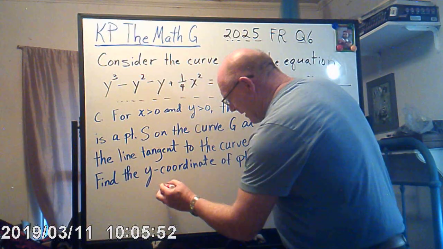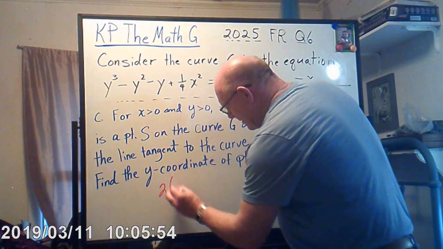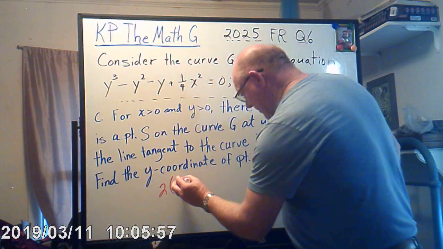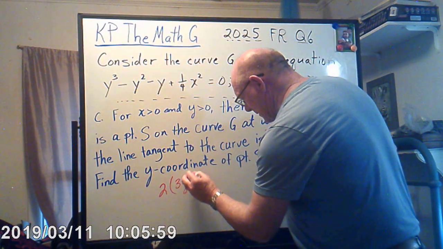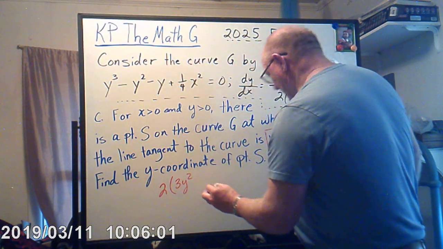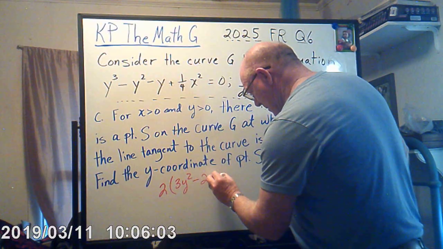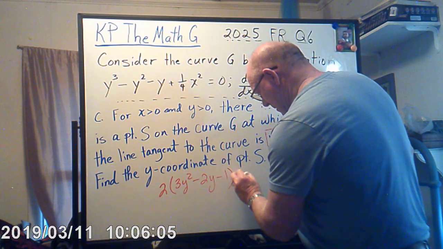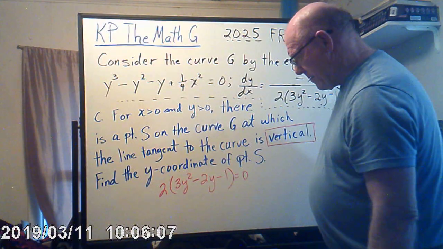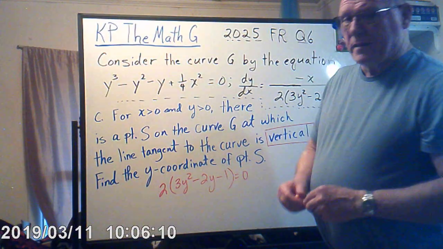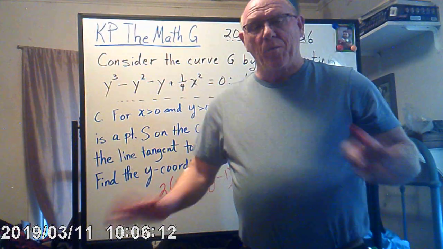So that's what you have to recognize. So 2 times 3y squared, and that is the key to understanding this whole problem.